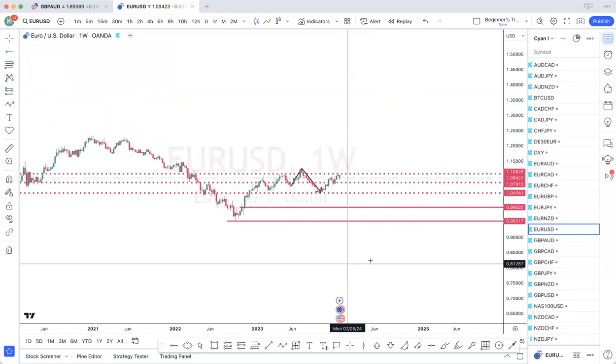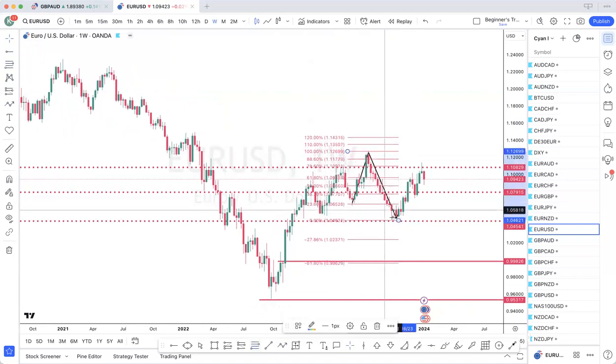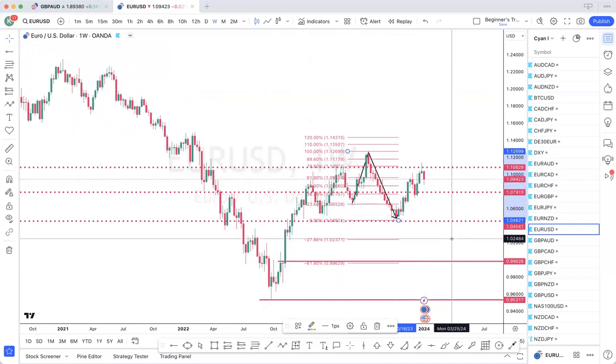So let me put my bid back. So push back into the 78 gave a bearish order block. So price could push up to this zone and start selling negative 27, 618. Probably going to go to the 618.